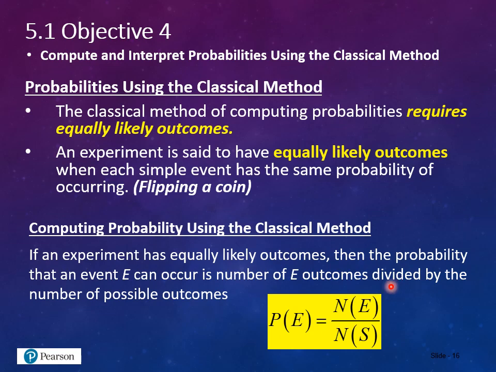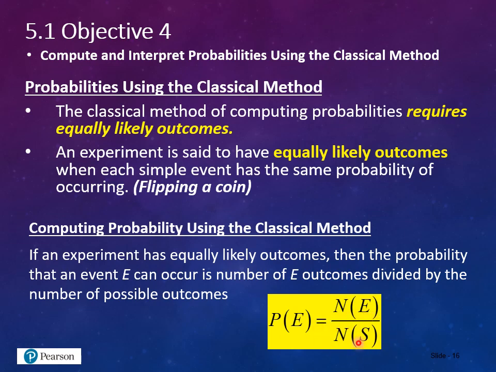So notice here now we have an equal sign. So we can calculate the actual probability of flipping a coin because flipping a coin has equally likely outcomes. In this case, we take the number of outcomes that we're looking for, for example flipping a head, divided by the number of total possible outcomes.